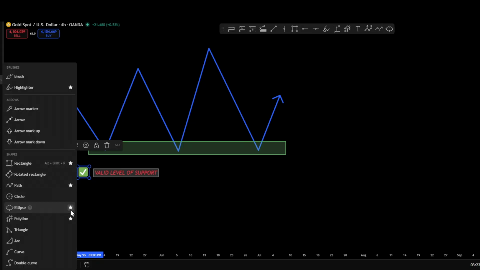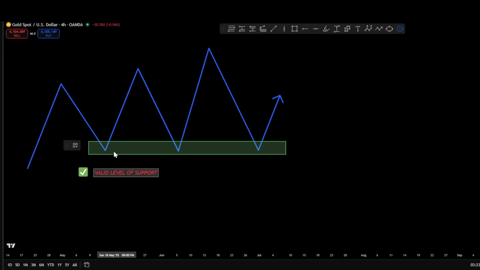So for this example right here, this is what we would consider a valid level of support, and we would be taking the trade on the 4th touch of the level of support. You're not looking to take the trade on the potential reaction from the 3rd tap. You guys need to be very key with this. Be very selective. Once you have a confirmation rejection as the 3rd one, we will then be entering on the 4th one as our area of interest or level of support on the trade.